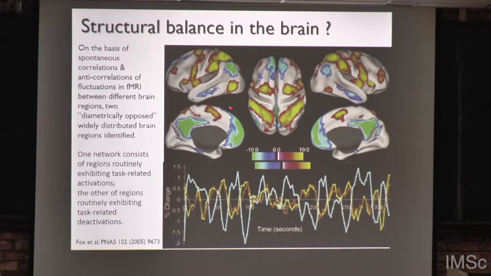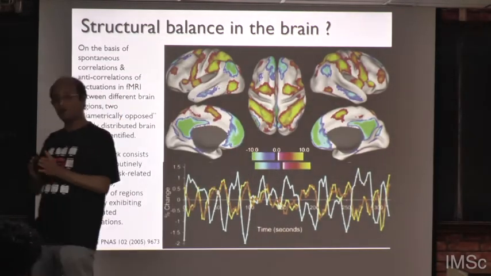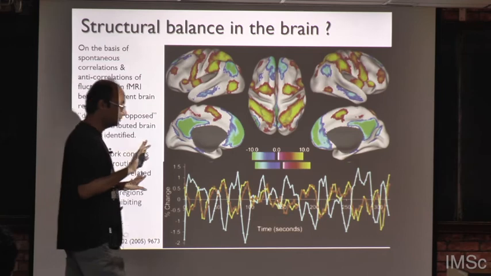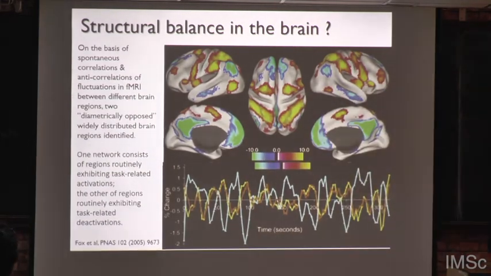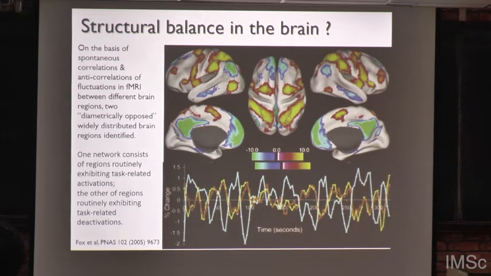2005, people looked at the activity of different brain regions imaged in terms of functional MRI and found that if you look at the activity state of a large number of regions, essentially they divide into two groups where whenever one set of brain regions is highly active, the other set of brain regions has very low levels of activity.